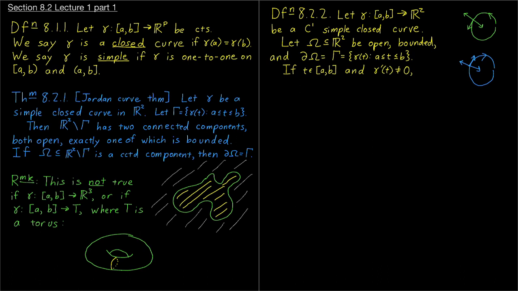It's the vector of length 1 in the direction of gamma prime. And I suppose there is one technicality. The two endpoints come from a and b.